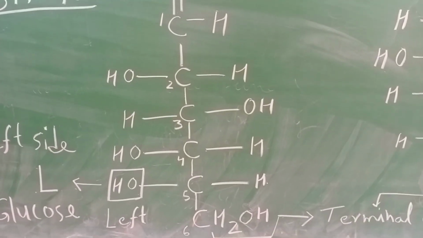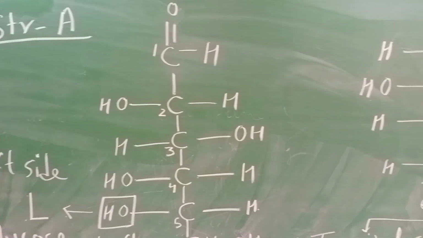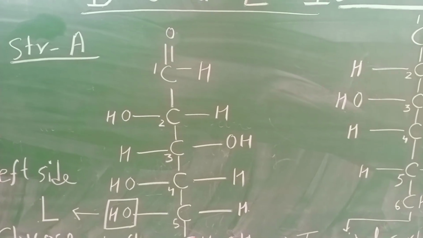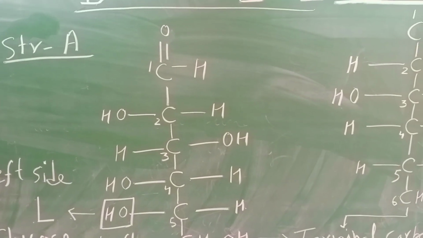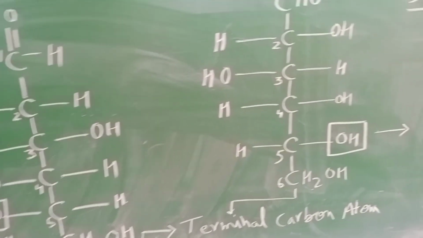So you can easily see here that this particular molecule which I represented, that is glucose, contains an aldehydic group, as well as the total number of 6 carbon atoms.